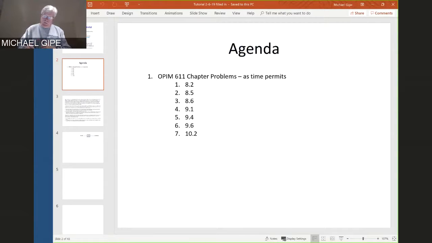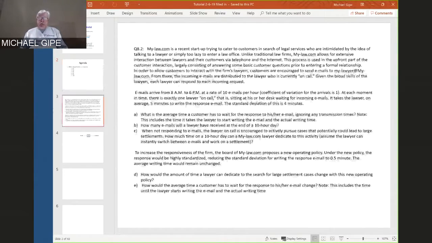Okay, well, let's go ahead and dive into the first one. There's a lot of text here. Wow. Question 8.2, mylaw.com. It's not that hard a problem, but it's a long problem statement. It's a recent startup trying to cater to customers in search of legal services. So lawyer in a website. They will allow for extensive interaction between lawyers and customers via telephone and internet.